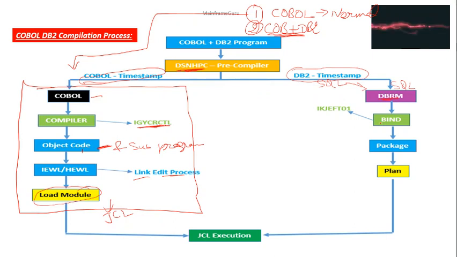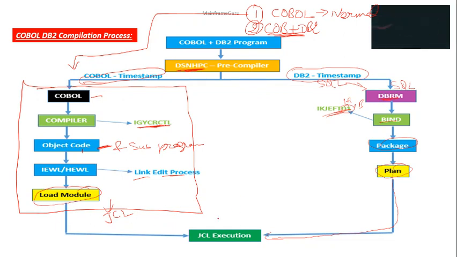Then we have the bind process. We bind the SQL statements through the IKJEFT01 utility, or you can say 1A or 1B in place of 01. Our bind JCL will create the package and convert it into the executable plan. We will use this plan in our JCL along with the load module.